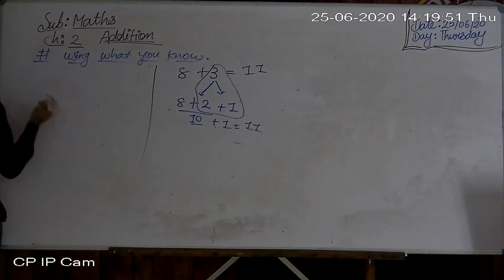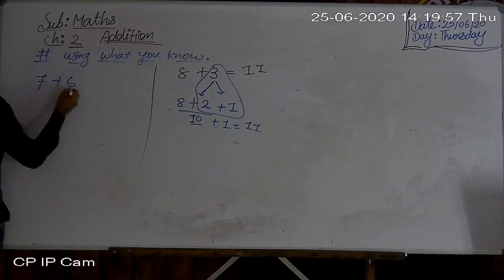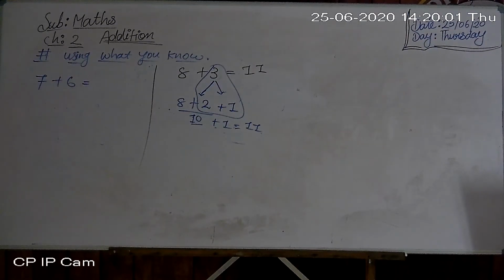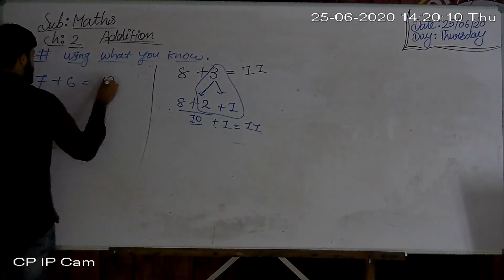The further question is what for us? Okay, 7 plus 6. 7 plus 6. Okay, so 7 plus 1, 8, 9, 10, 11, 12 and 13. Okay, so 13.